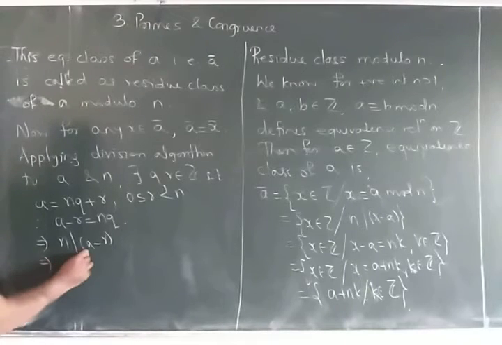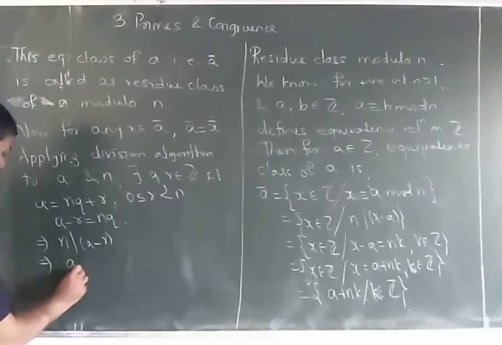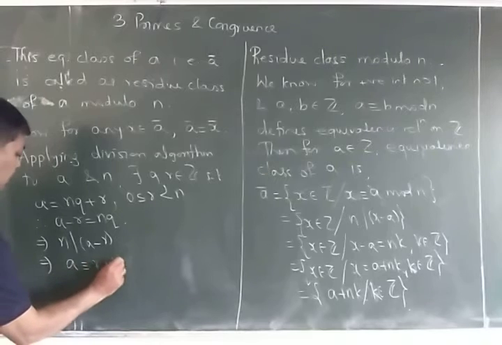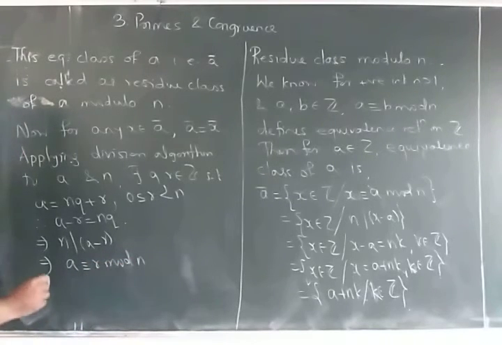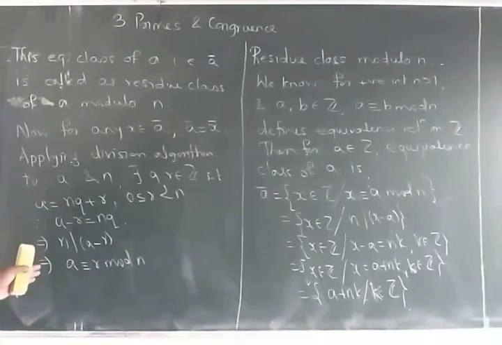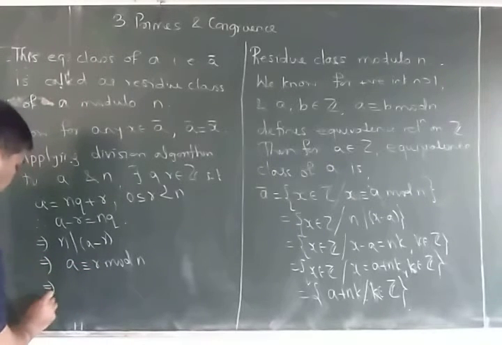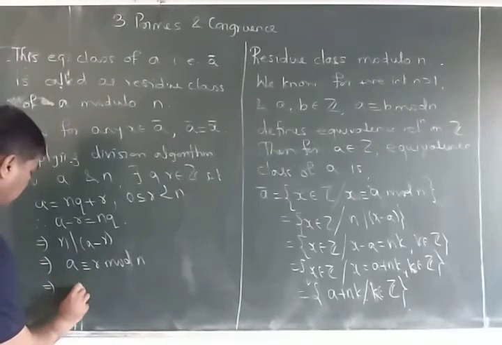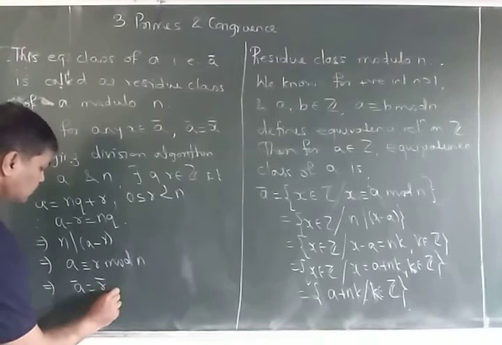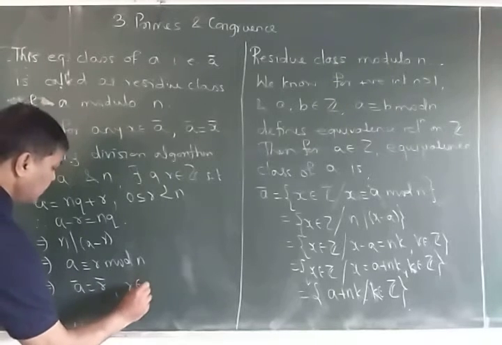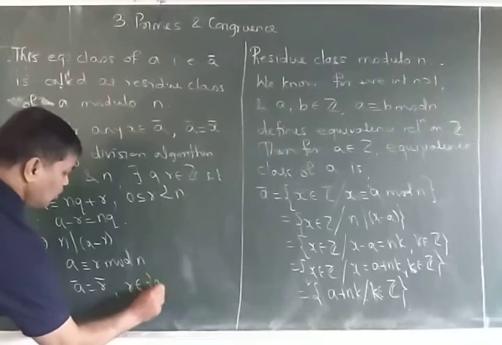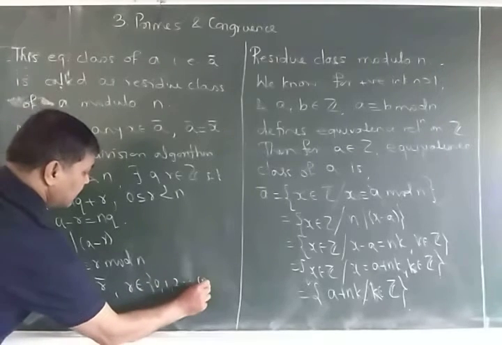This implies a is congruent to r mod n. Is it right? And therefore, this implies a bar is equal to r bar, where r belongs to 0, 1 up to n minus 1.